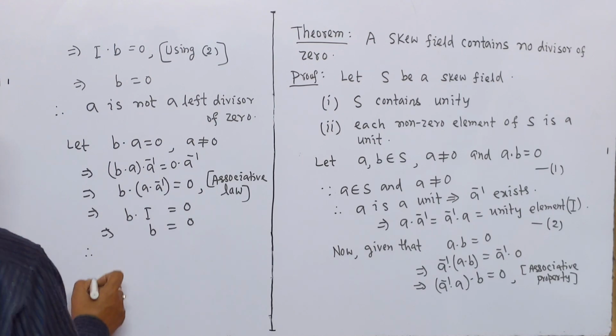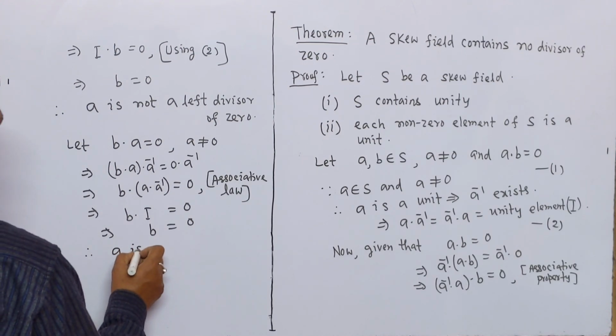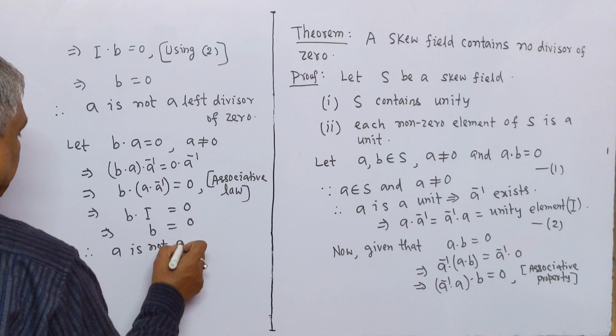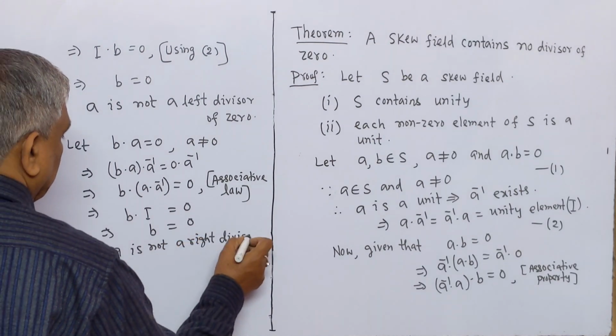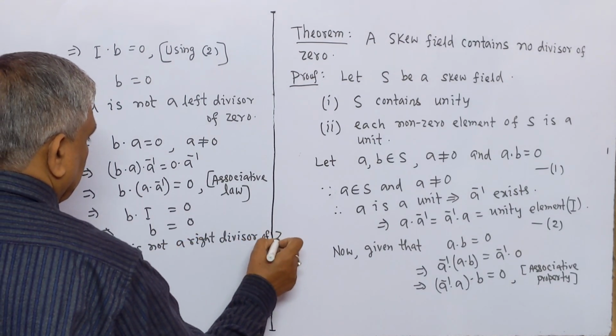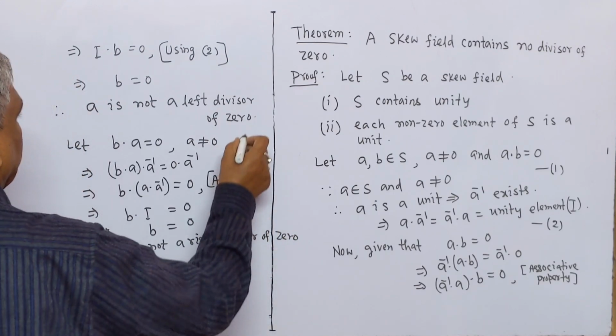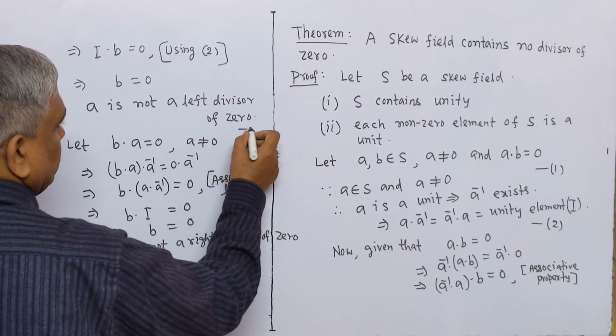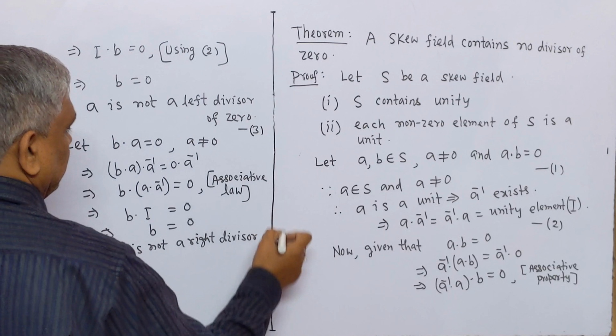Therefore, A is not a right divisor of 0.